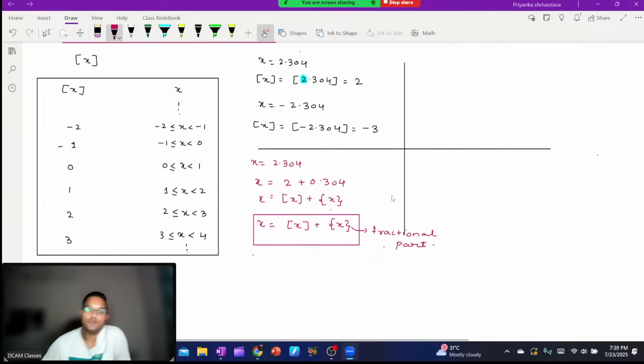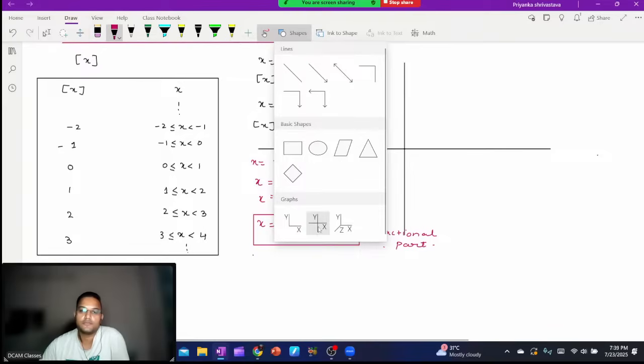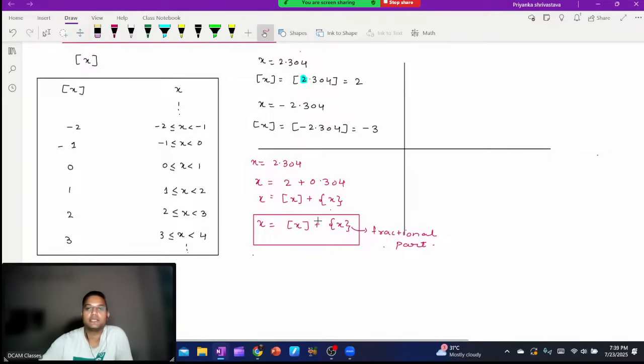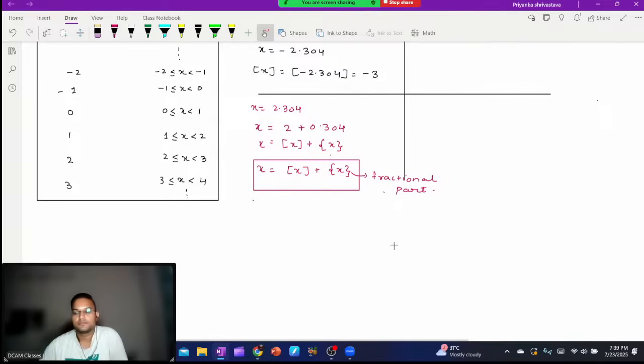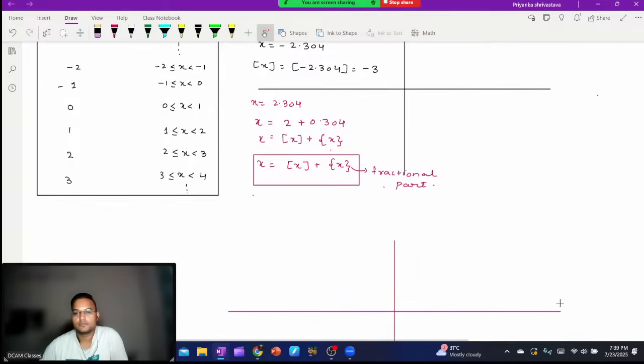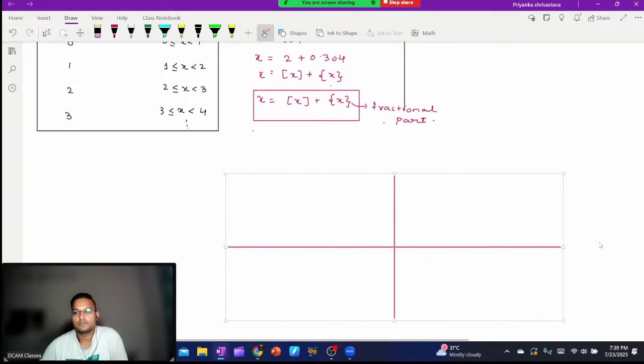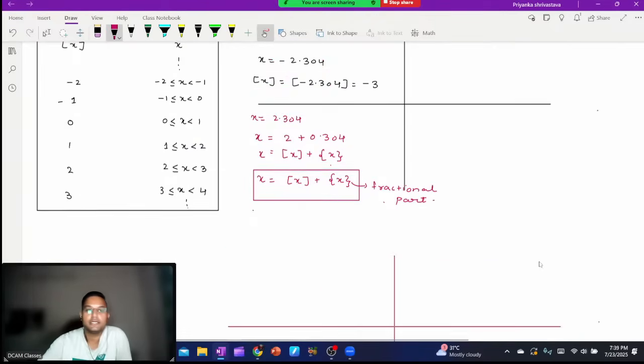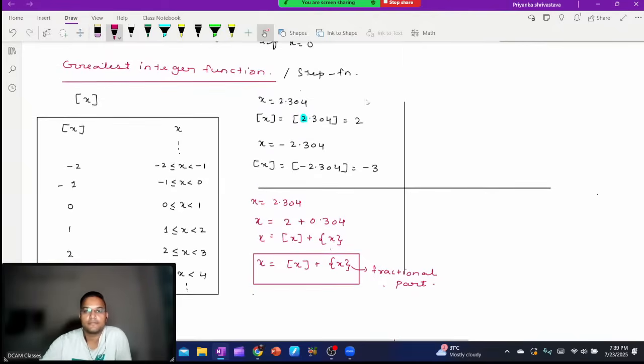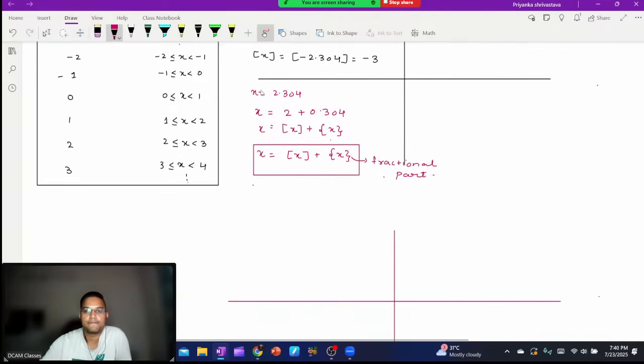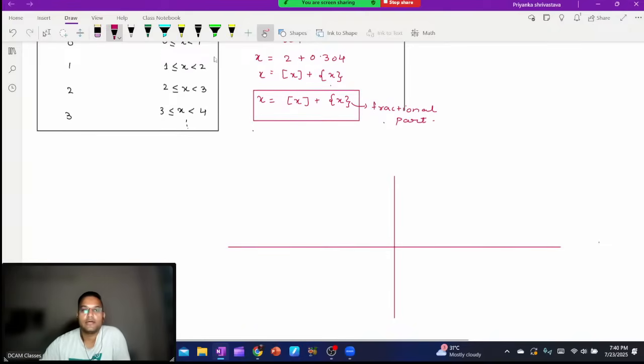Now see, you know everything. Can you try to draw the graph of this function, the greatest integer function? See, the values are like this: 0, this is 1, this is 2, this is 3, this is 4, and so on.